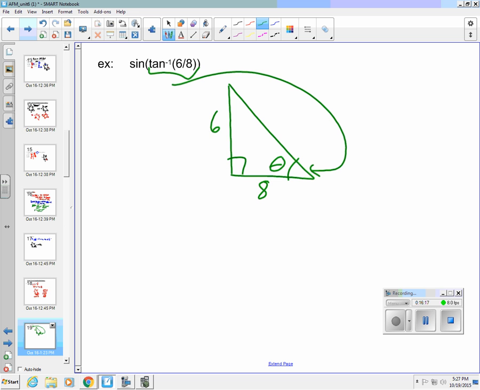We want to find the sine of that angle, means we need to find the hypotenuse. Right, so same thing, we'd use Pythagorean theorem. Right, for this one we get that hypotenuse would be 10. So go back to the question asking us to find the sine ratio, so that's going to be opposite over the hypotenuse, 6 over 10.